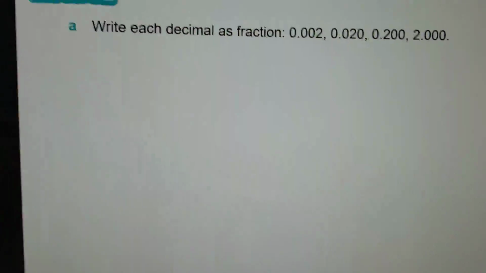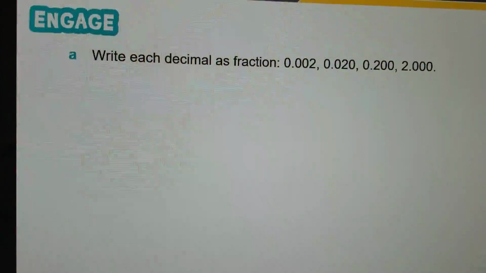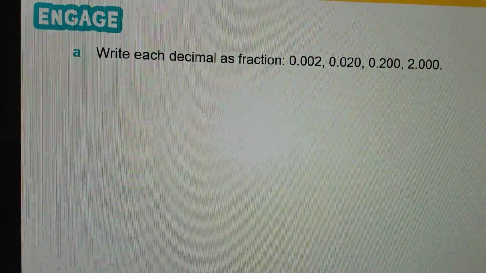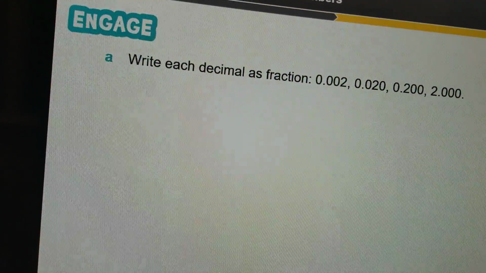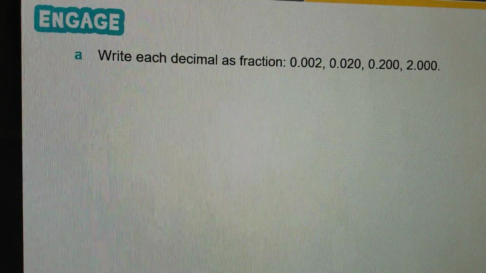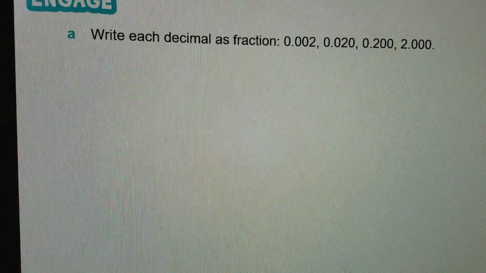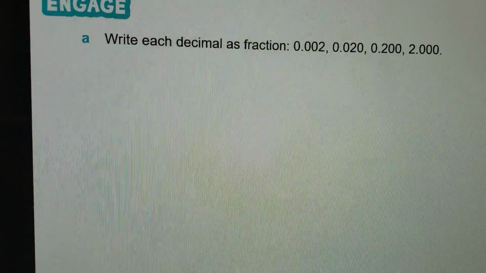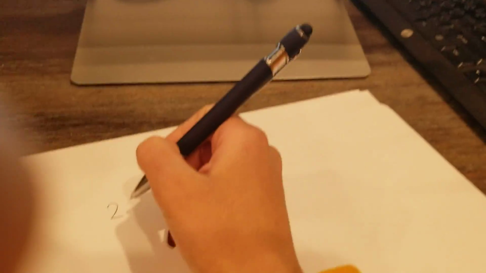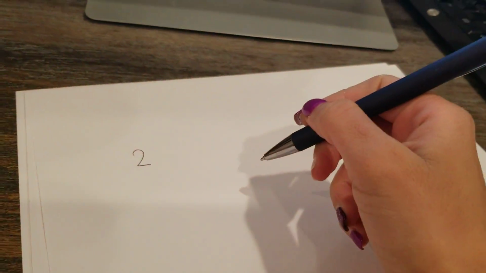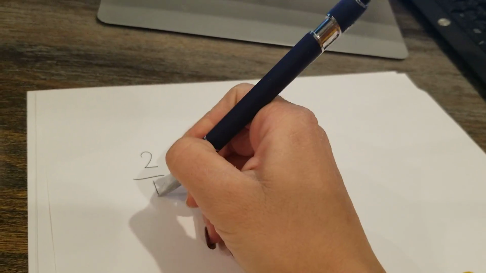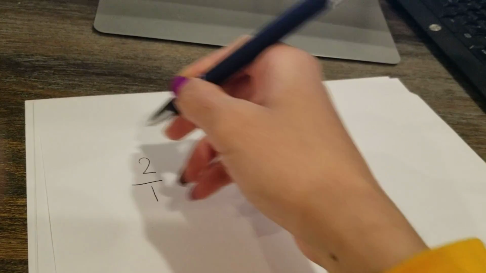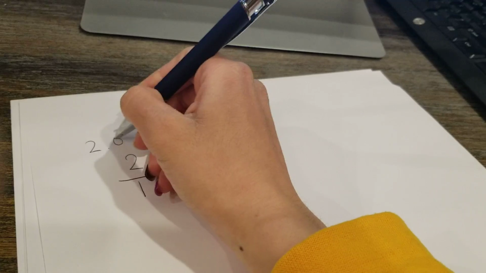Now, write each fraction as a decimal. We have 2 thousandths, 20 thousandths, 200 thousandths, and 2. The 2 wholes as a fraction would look like that, and this is what it looks like as a decimal.